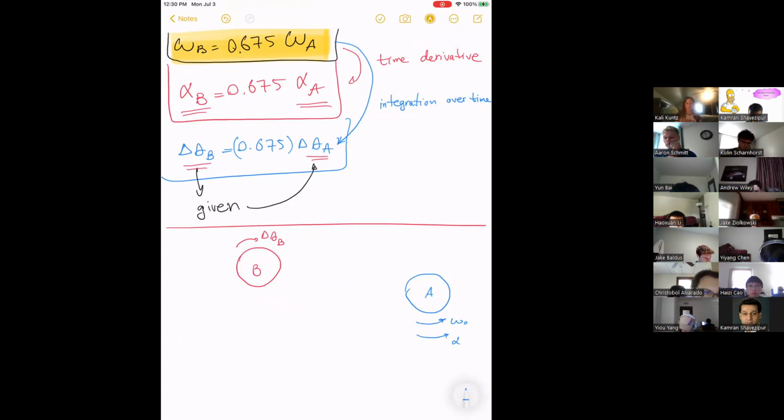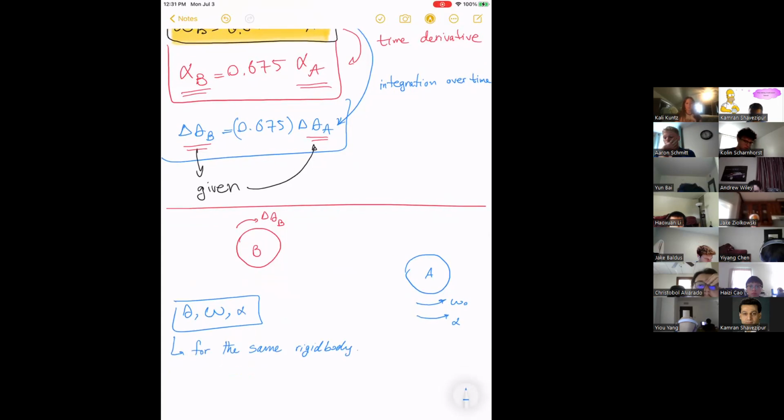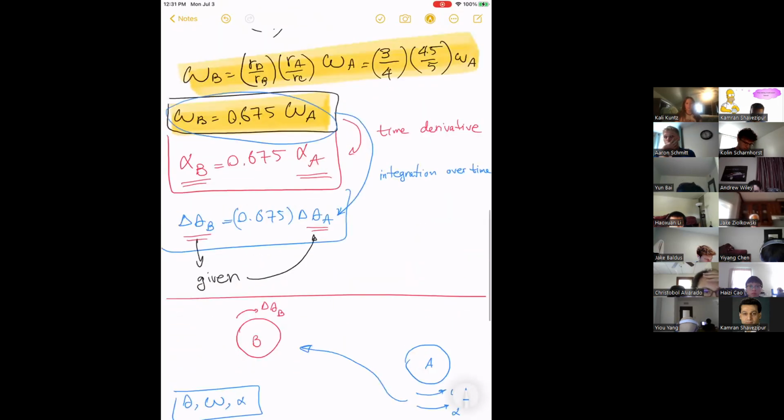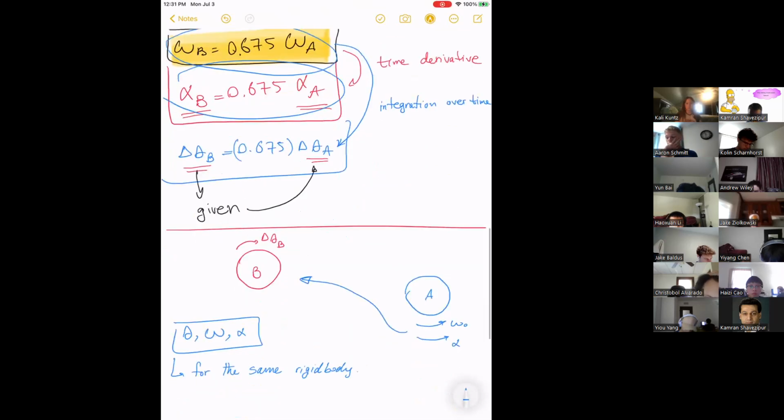We know that we can relate theta, omega, and alpha, but this has to be for the same rigid body, right? Either I will transfer this information to B through this relation, or transfer this piece of information to A to have delta theta, omega, alpha for the same body.